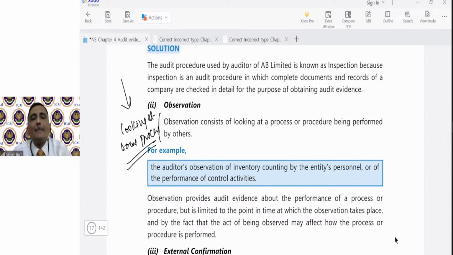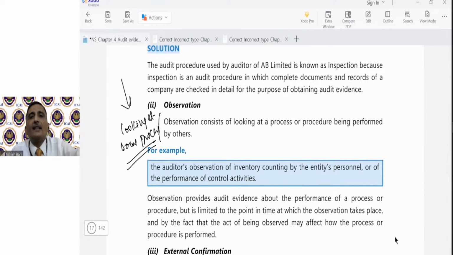But say he is observing, he is looking at how employees of the company are counting the inventories, how the inventories are stored, how the inventories are stacked, and what process the employees of the company are adopting to count the inventories or to physically verify the inventories.